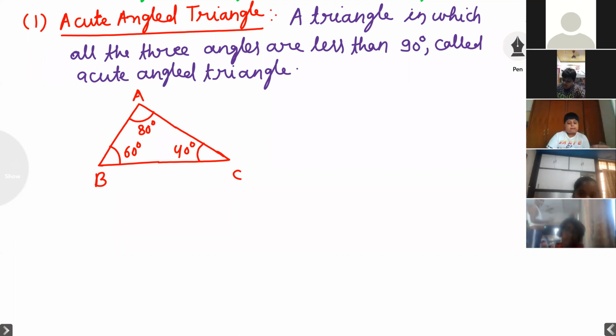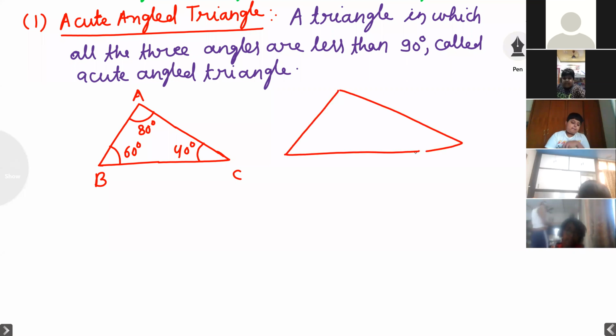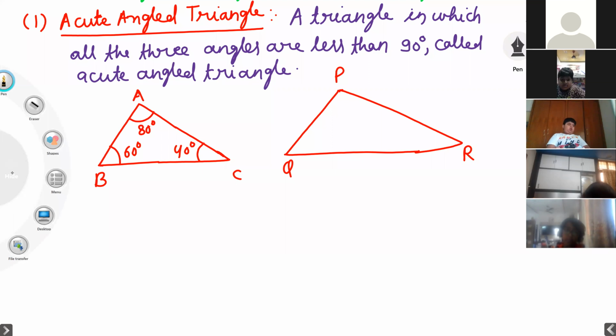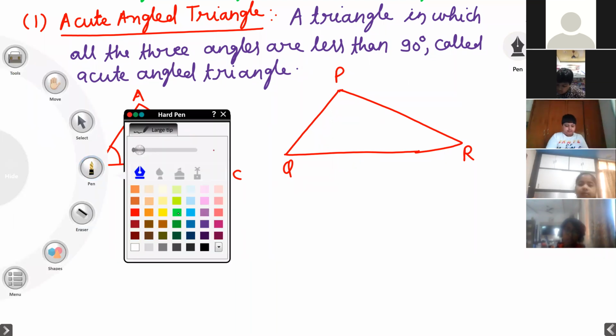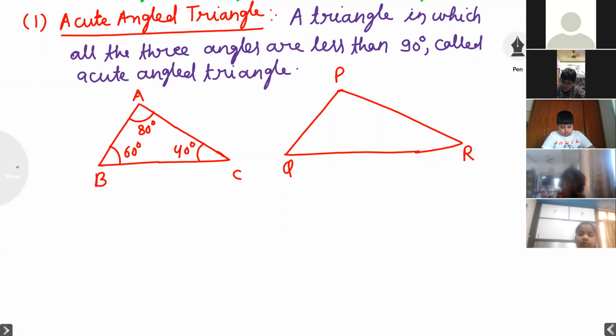Second figure. PQR: 70°, 50°, 60°. Each and every angle is less than 90° or not?